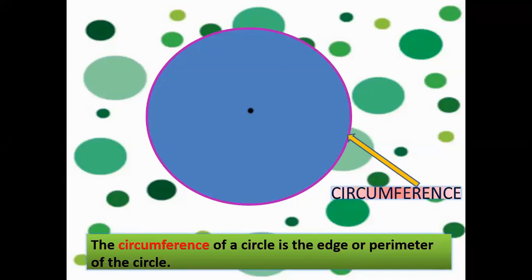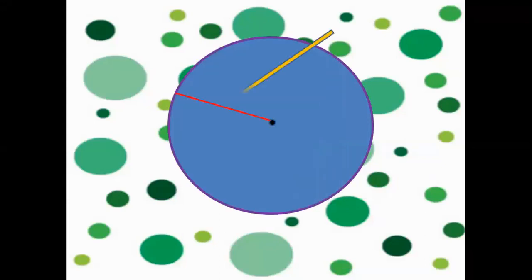All right, the next part of the circle. Which part of the circle is this arrow pointing to? Try again, Shawnees.